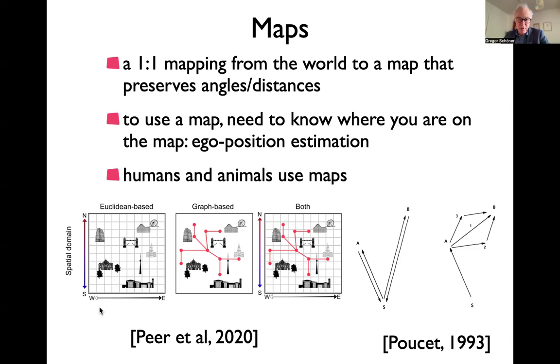For animals, it's less obvious how to establish that. Ultimately, the proof of the pudding is that animals can make shortcuts. That is, they have learned an environment and then they can find a new path they never experienced, that they infer from the configuration. In some circumstances, they can do that. That's a hint that they have something like a map. We didn't really go into detail on that. I'm just telling you that.